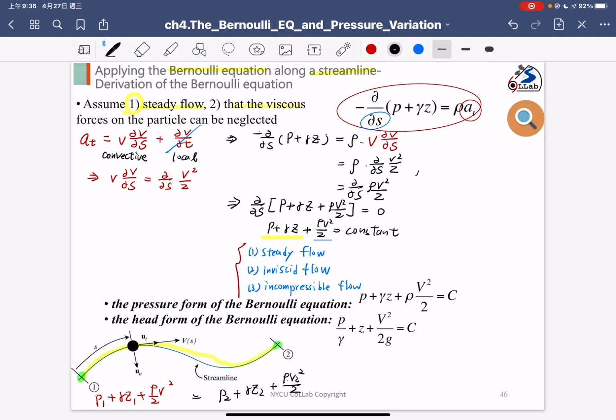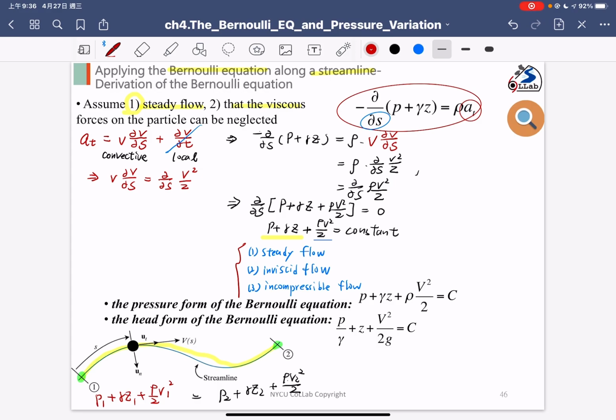Okay, so the idea is very simple. We just pick out two points along the same streamline, and the two points will always satisfy the Bernoulli equation.